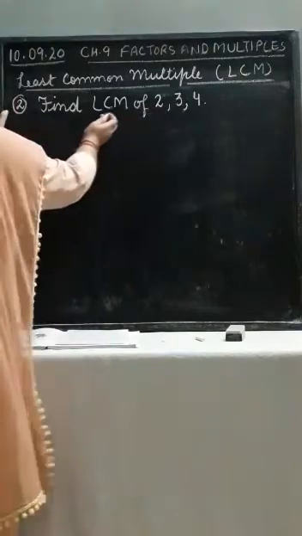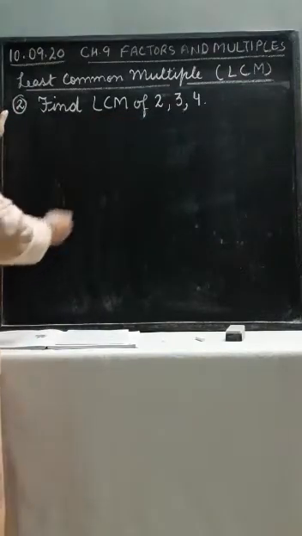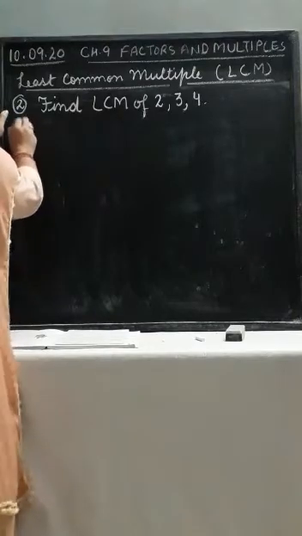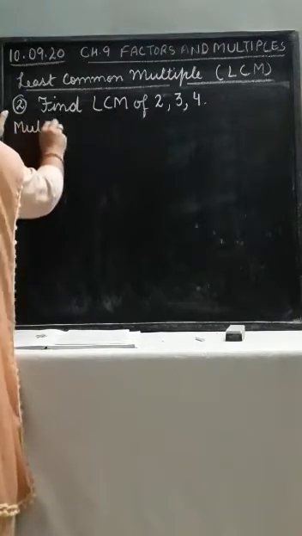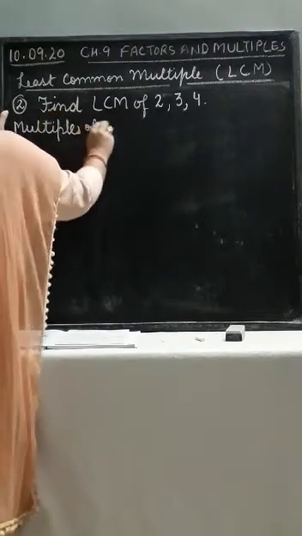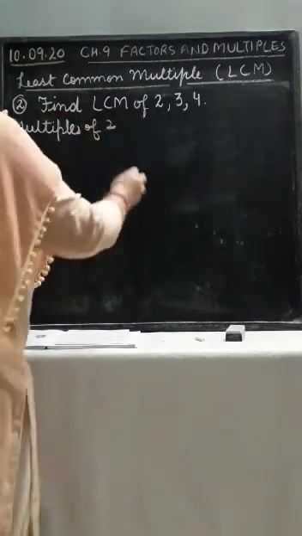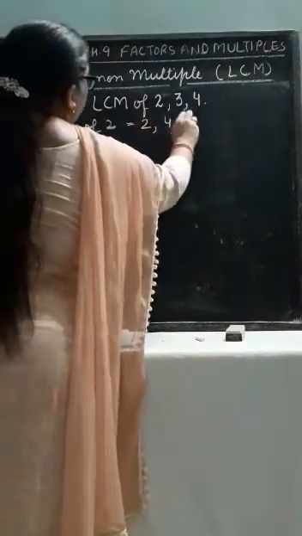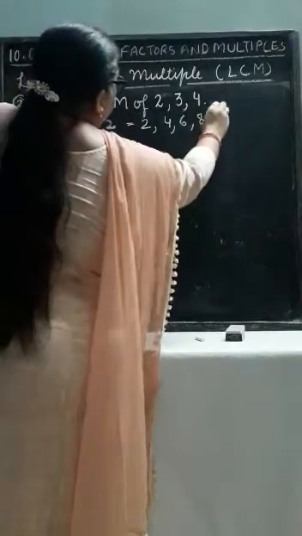In order to find out LCM, we will firstly write the multiples of all the numbers. Multiples of 2. 2 ones are 2, 2 twos are 4, 3s are 6, 4s are 8, 5s are 10 and so on.